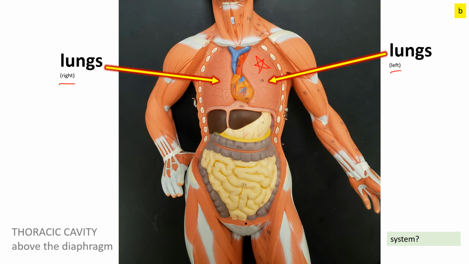Now, another question I could ask is I could put a sticker on this structure right here and ask you, what organ system is that in? Well, it's a lung, so it's one of the organs in the respiratory system. So you see how I could ask the questions. I could either ask you to name the structure, or I could ask you to tell me what organ system it's in.